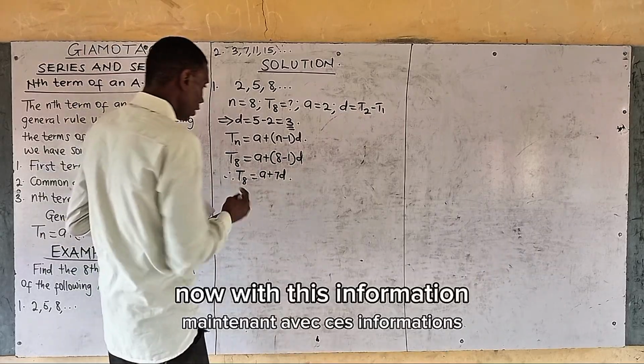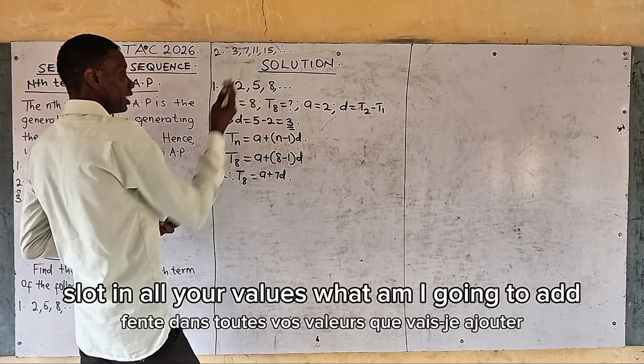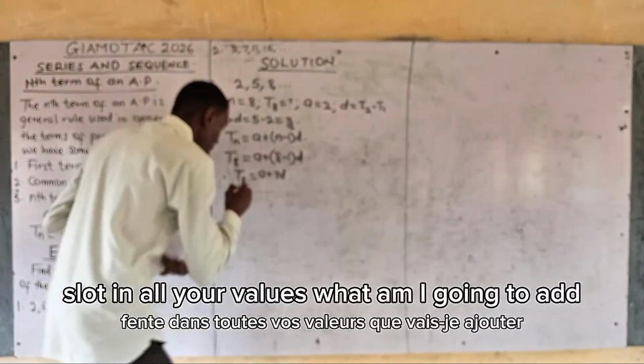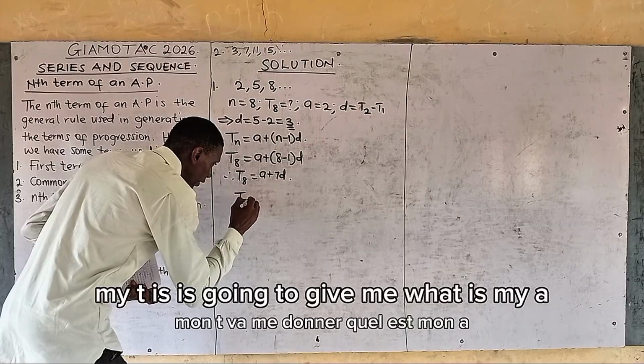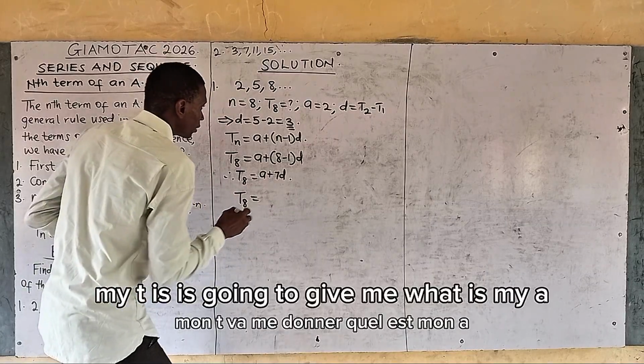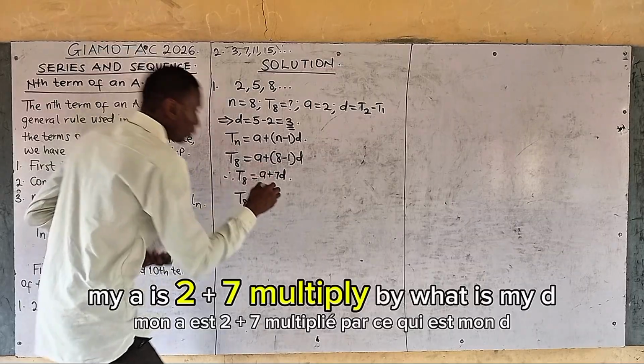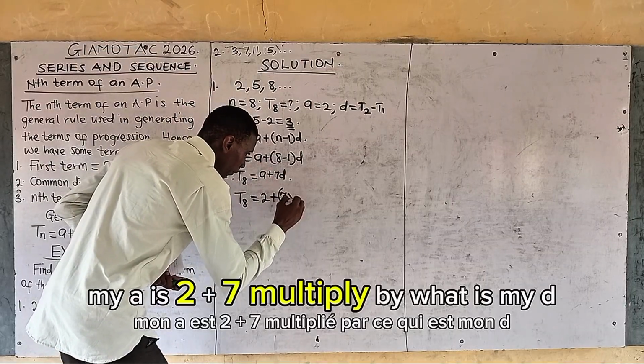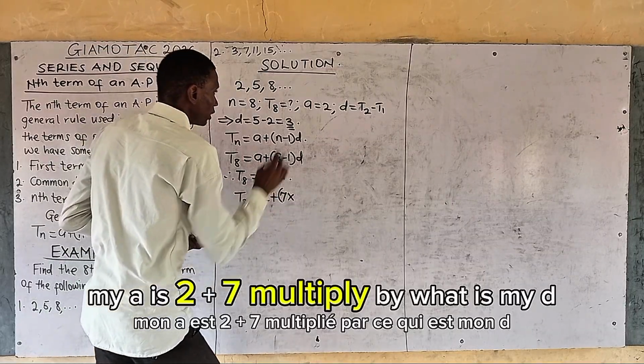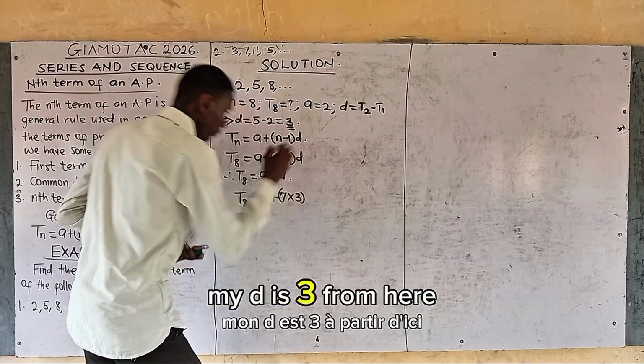From here now, slot in all your values. What am I going to have? My T8 is going to give me, what is my A? My A is 2, plus 7 multiplied by, what is my D? My D is 3.